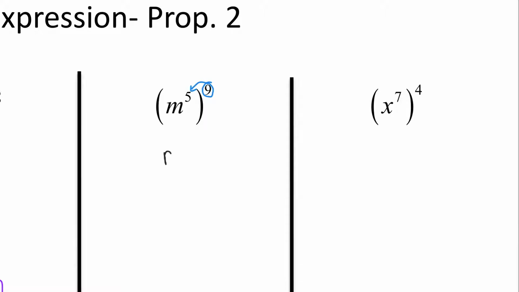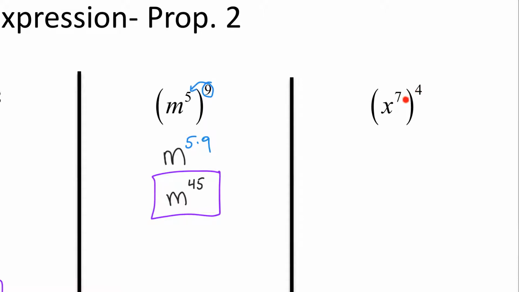So I keep the base. My base is m. I multiply 5 times 9. So I have m to the 45th power. 9 times 5 is 45. So my answer is m to the 45th power. That's it. We cannot use a calculator because m is a variable. You just leave it as a variable, m to the 45th power.